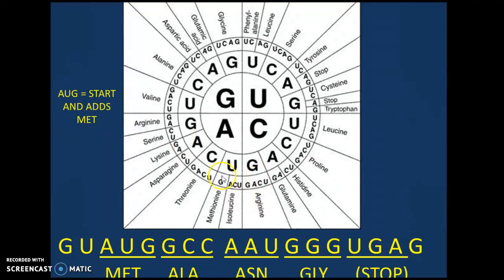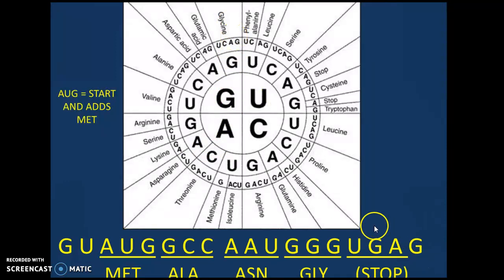So here is our genetic code again. Our first codon was AUG, which was the start codon and gave us methionine or MET. Our second codon, GCC, gives us alanine. Our third, AAU, gives us asparagine, which is abbreviated ASN. Our fourth, GGG, gives us glycine, GLY.